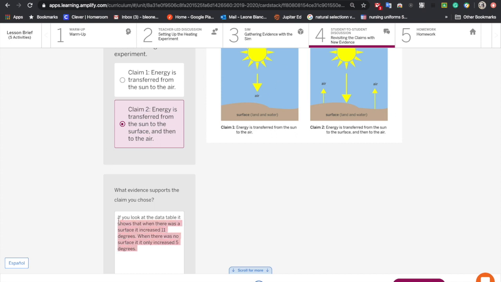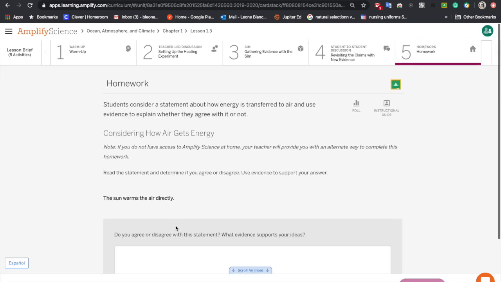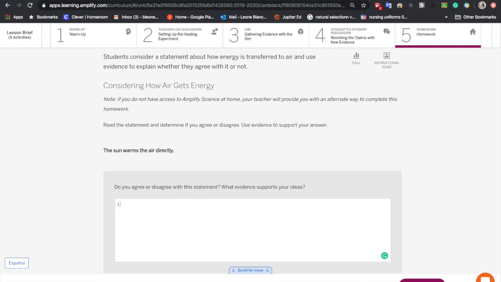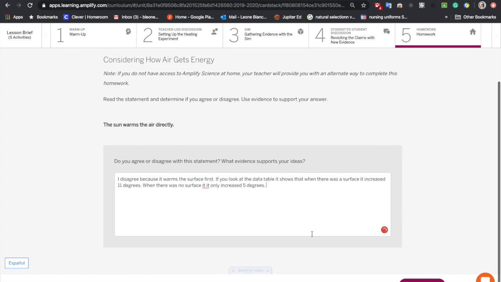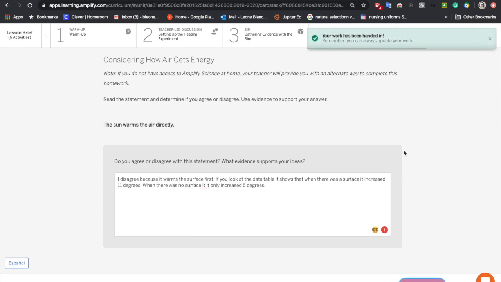So you can actually just copy this, Control copy, and in your homework, write I disagree because it warms the surface first. And then you can just paste your evidence. When you're done, you can click Hand In, and you will have your homework done for the day.